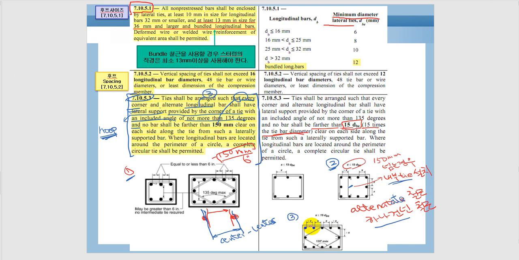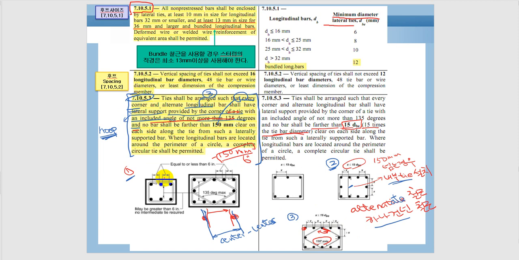You have one hoop right here for the corner, and then you have another hoop for this alternate levers by providing this, right? So when you do this, your angle cannot exceed 135. This is what this section tries to emphasize. Okay, so the tie with included angle of not more than 135 degrees. Right? So this is what this section tries to say.